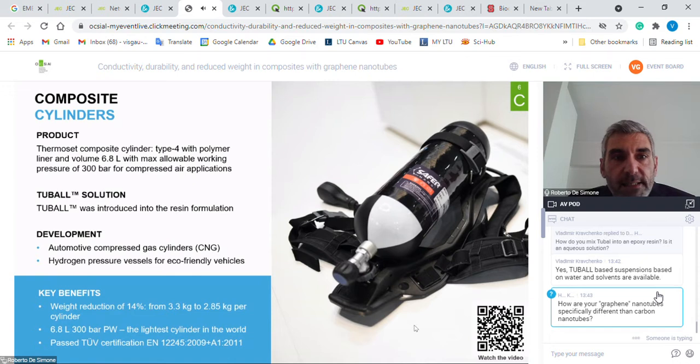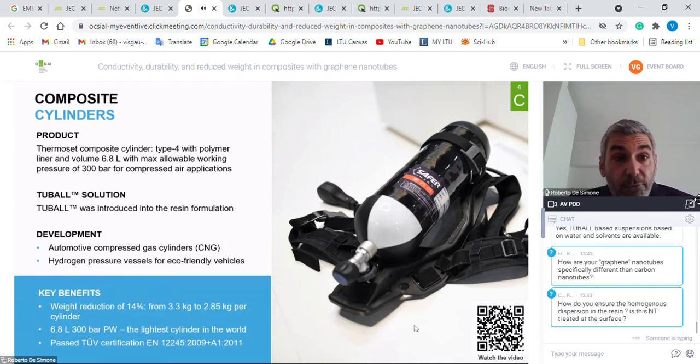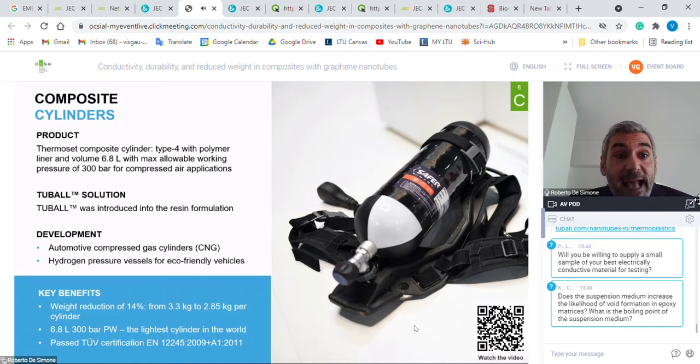In this case we used a Tubal Matrix compatible with the epoxy system, and this development was done to achieve a type 4 polymer cylinder for automotive compressed gas and hydrogen pressure vessels. The main benefit is that we are able to reduce the weight by 14%, moving from 3.3 kg to 2.85 kg, and they will easily be able to overcome some specific standards for this kind of application listed in the slide.